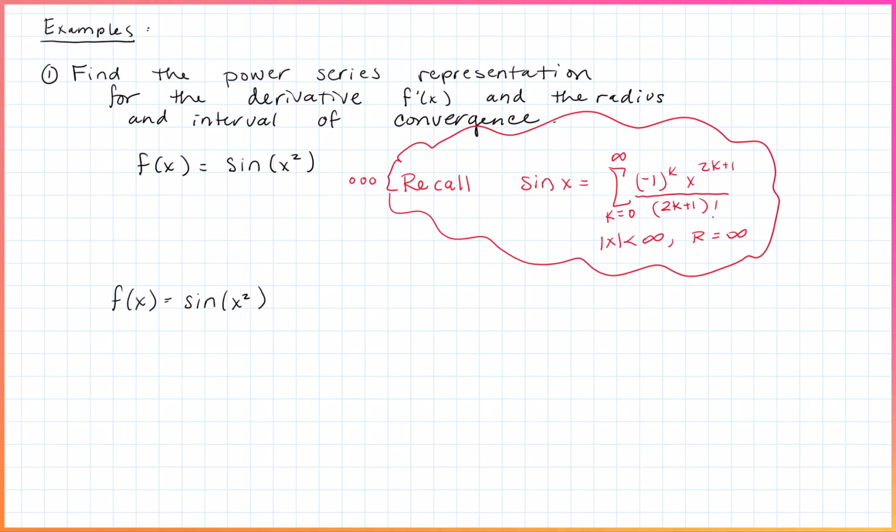I just pulled that right off of the table we had projected at the beginning. It's one that we derived in class. So we are taking x squared and substituting that into the sine of x's power series expansion. So this goes from k equals 0 to infinity, negative 1 to the k, we're plugging in x squared to the 2k plus 1, and that is all over 2k plus 1 factorial.